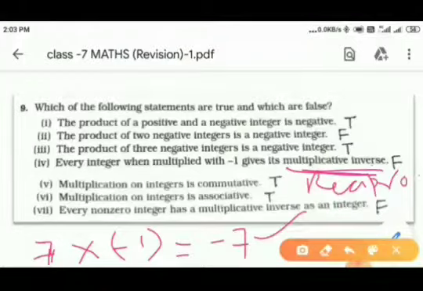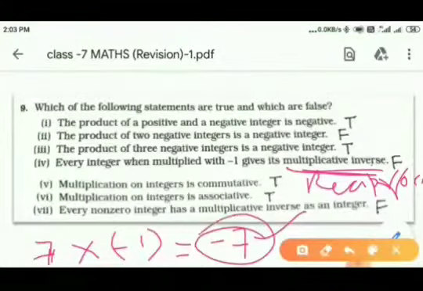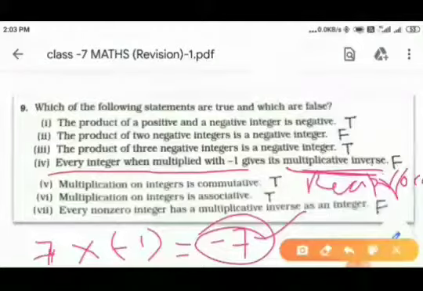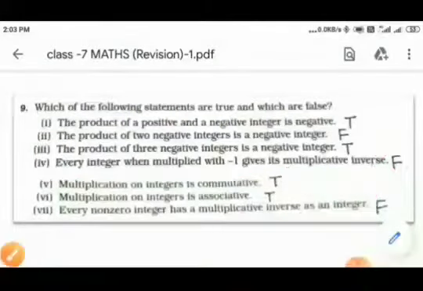This is not a reciprocal. This is the additive inverse, as you can see in this example. That's why this statement is false.